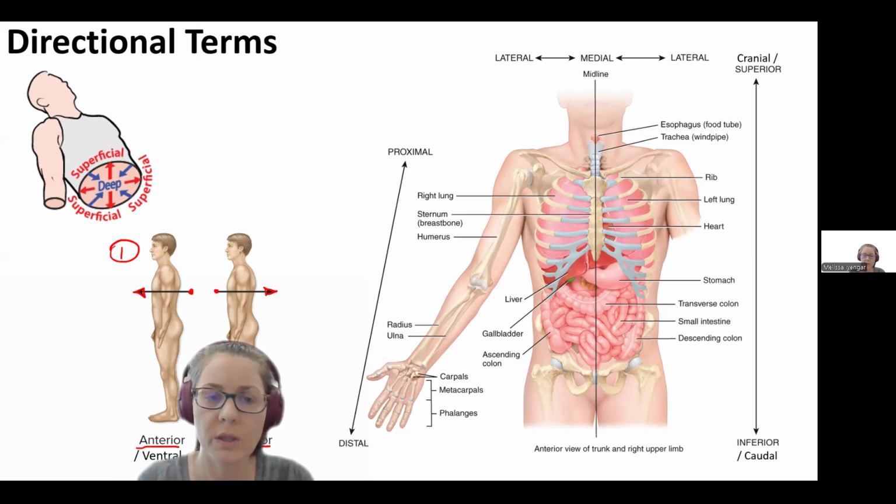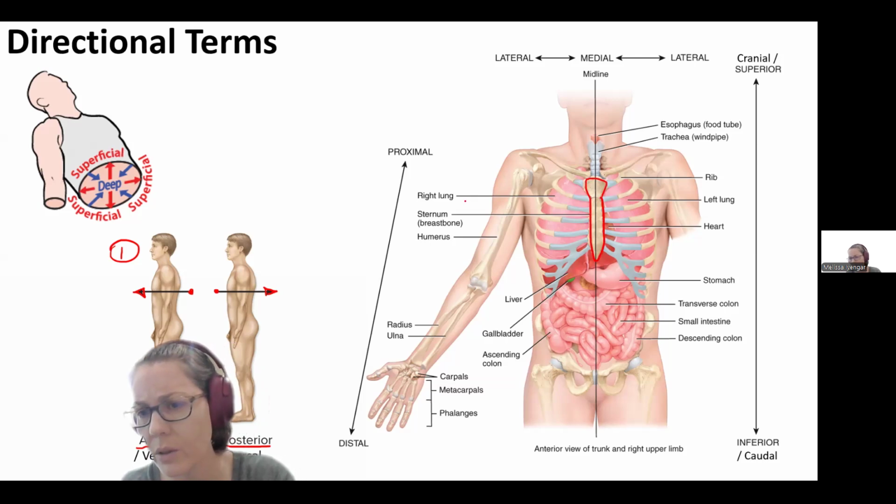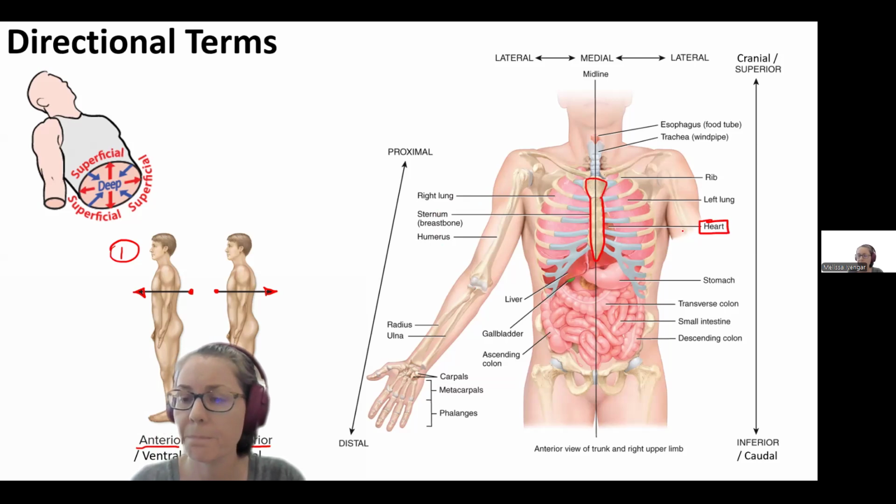So how you can use these terms is kind of simple. Like in this picture over here, we see that this is the sternum right here. This is usually one of my go-to sentences. And what you will think about is the fact that the sternum is in front of the heart. And you can't really see it very well, but you see how they've labeled the heart right there. Okay.